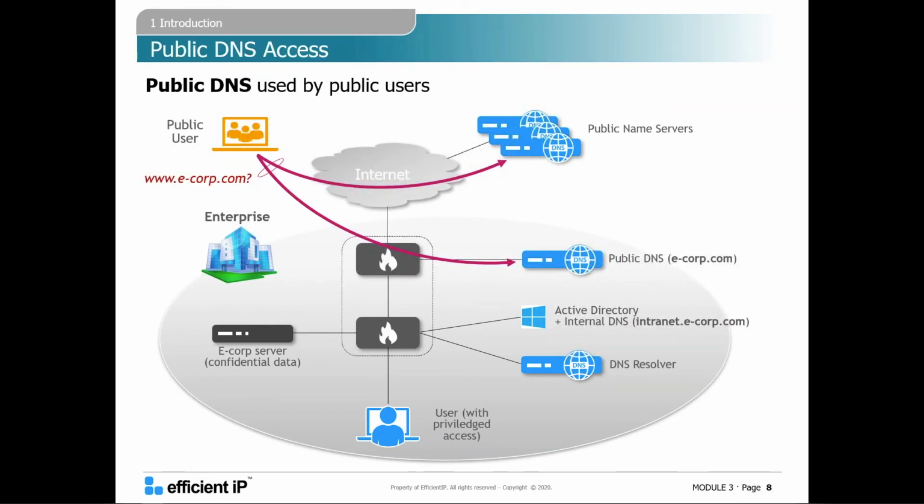A public user will query the public name servers, and then finally the public name servers will point them to the public DNS hosted by ecorp.com containing the record www. This is the authoritative DNS.